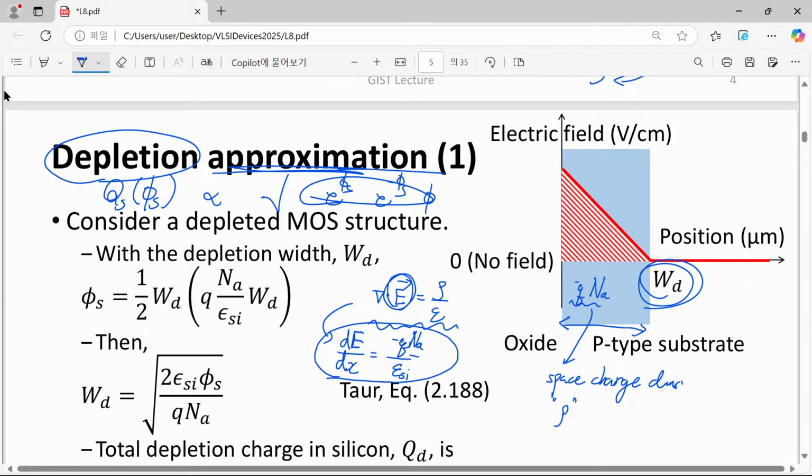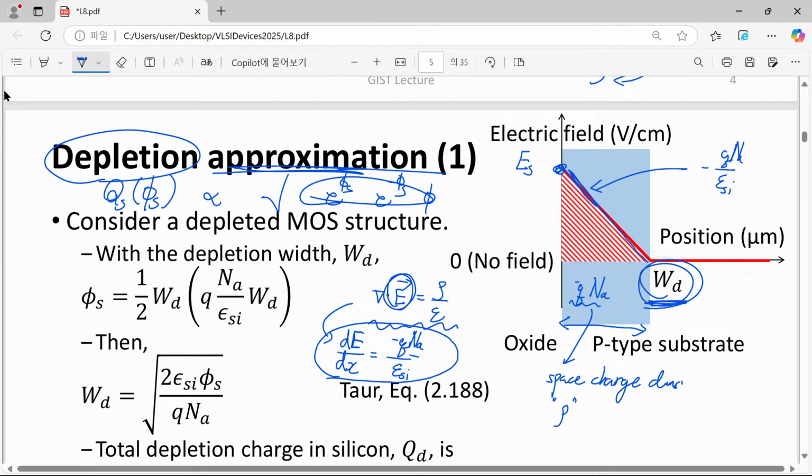So starting from a certain surface electric field Es, there will be a negative slope, and this slope is corresponding to minus Q Na over epsilon silicon. This is nothing but our Poisson equation, and eventually the field will vanish, and according to our depletion approximation, that position will be the depletion width.